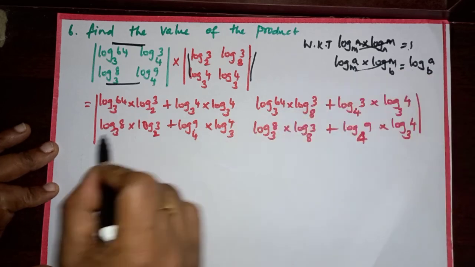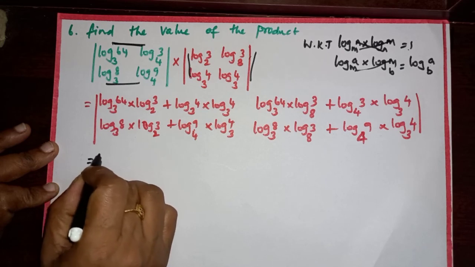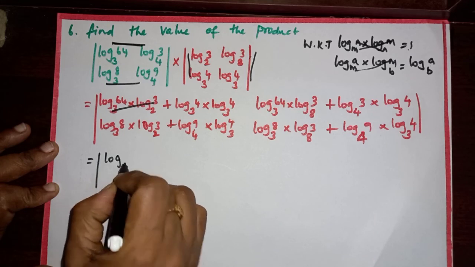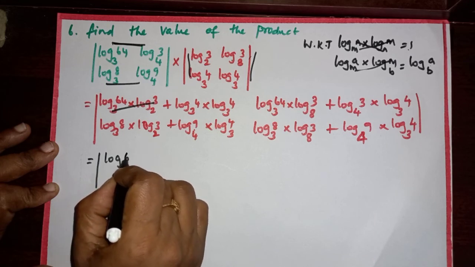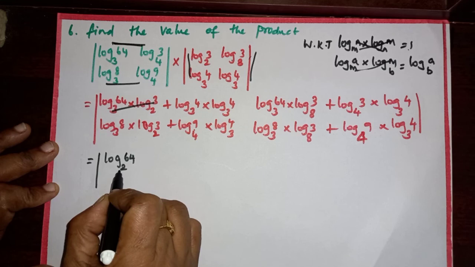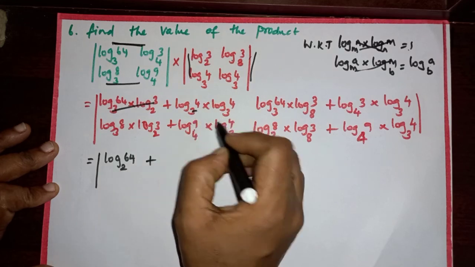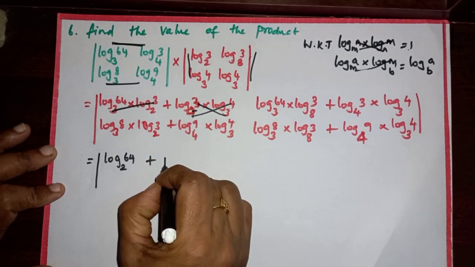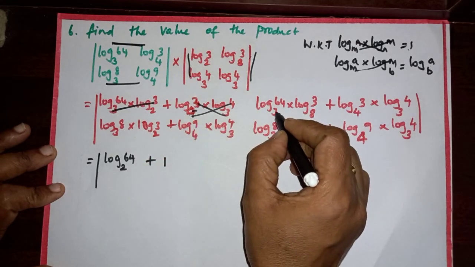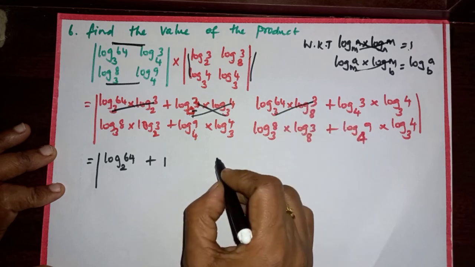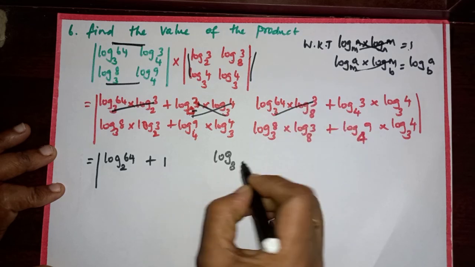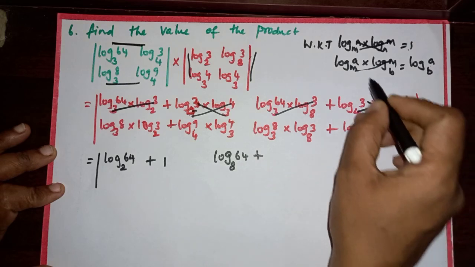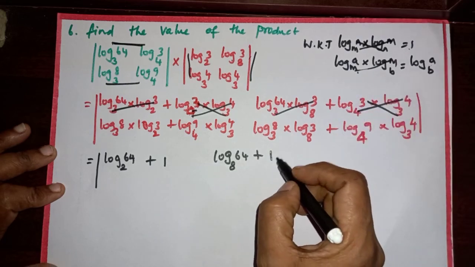Using this concept, we get log 64 with base 2 plus 1. Here also, we have log 64 with base 8 plus 1.